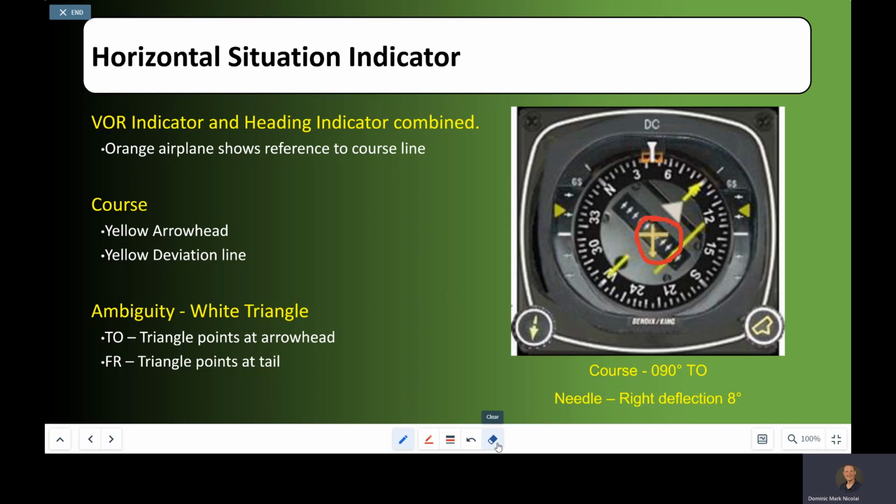And because it's representing your airplane, whatever is under the white lubber line at the top here is the heading that you are flying. There is a course that's set with the yellow arrowhead. In this case, it's on a course of 090 degrees.